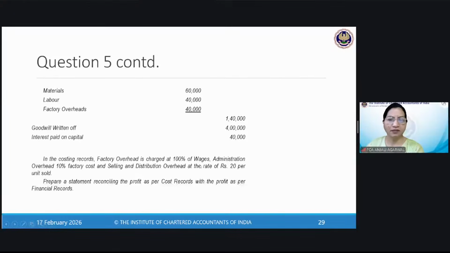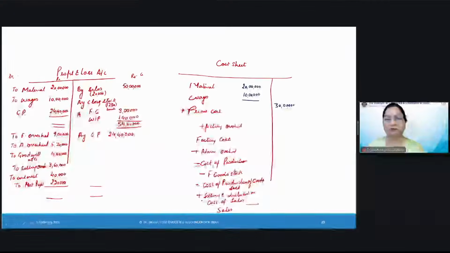Factory overheads are charged at 100% of wages, so another 10 lakhs. But here you will also subtract the WIP closing stock, which is 1 lakh 40,000. So your factory cost comes out to be 28 lakhs 60,000.